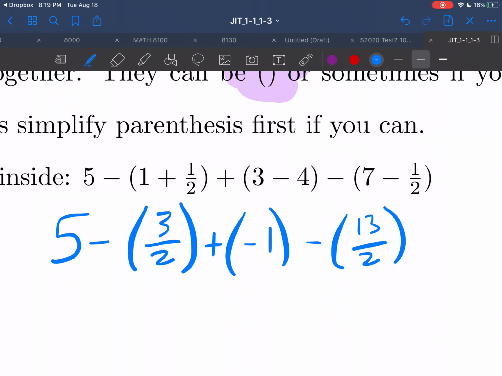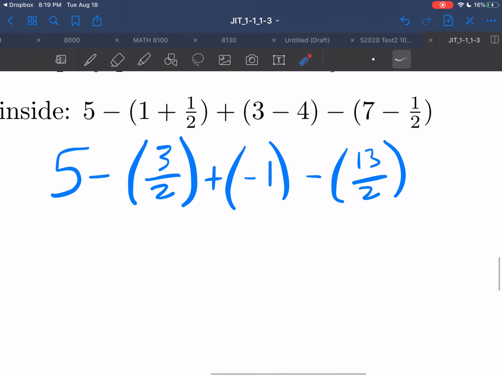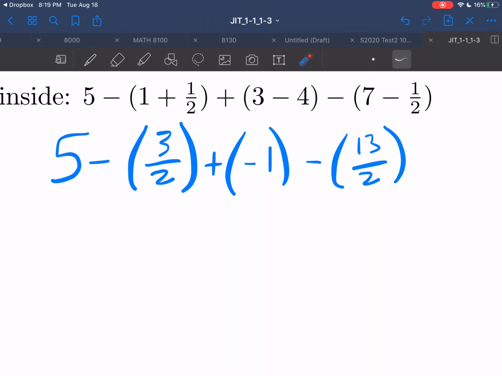For this class, it's really easiest if you leave things in terms of an improper fraction, like the 13/2, as opposed to writing it as a mixed number or the 6.5. They're both the same thing. It's just easier to not have that extra number hanging around.